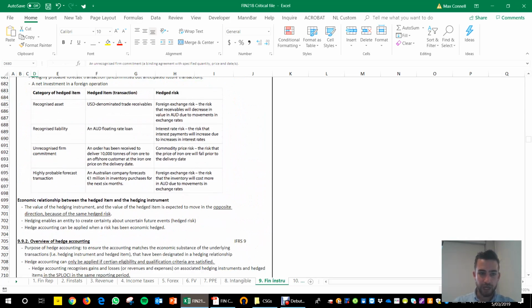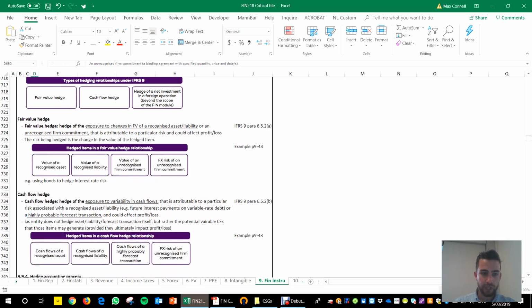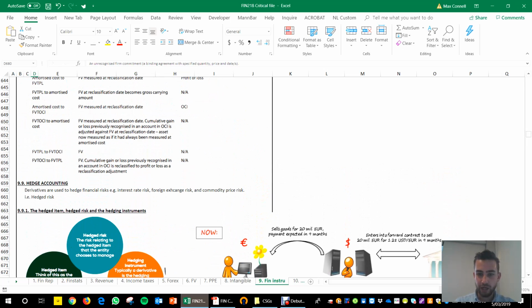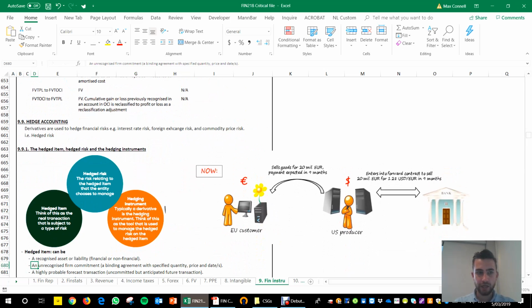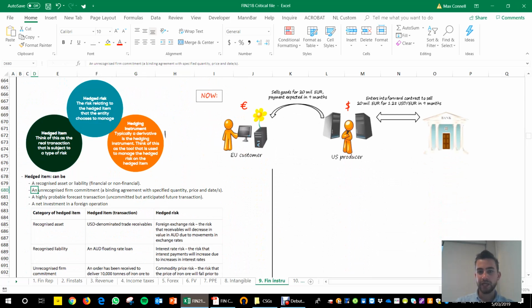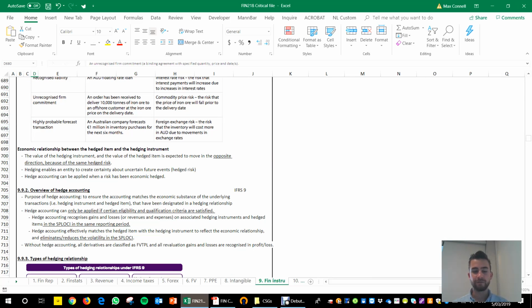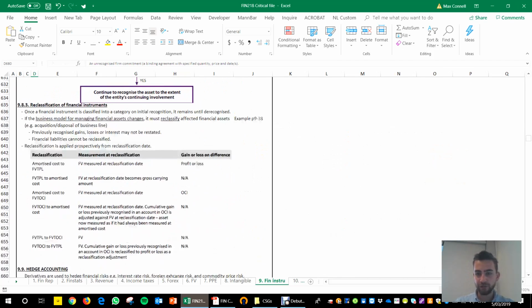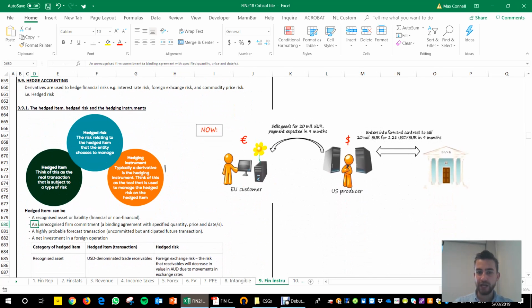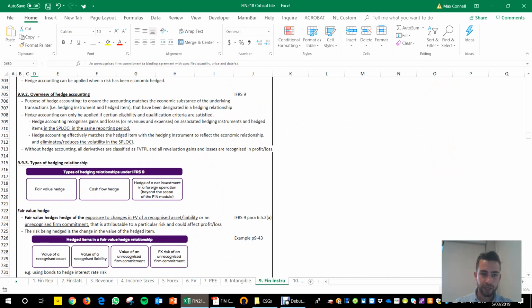For example, we have up here an accounts payable. Now, that accounts payable balance is fluctuating in value up and down. What the hedge is effectively doing is protecting us against downward fluctuations in the value of that payable amount. Therefore, this would be a fair value hedge.